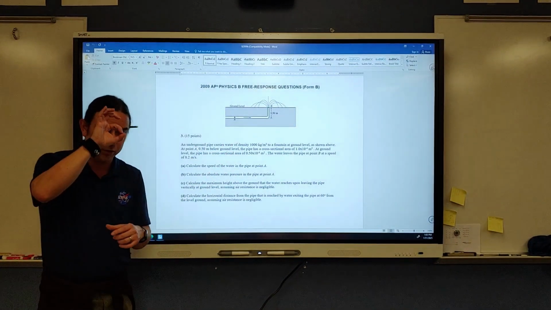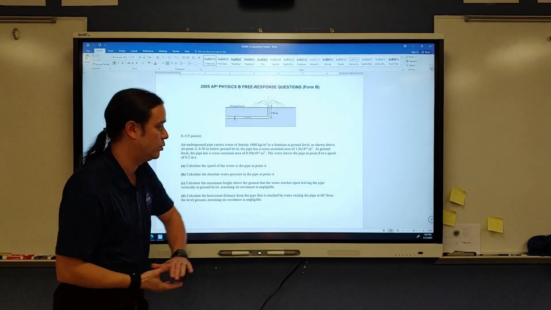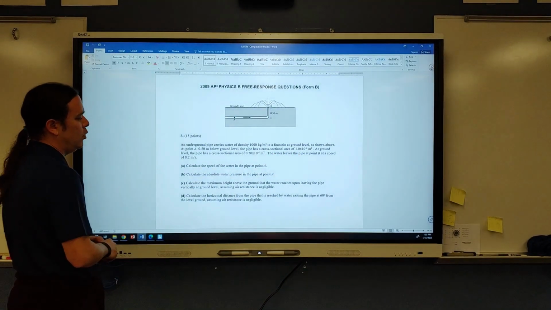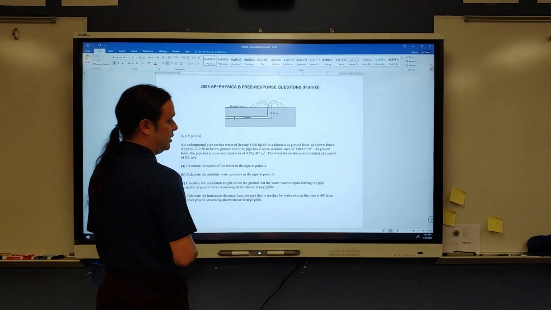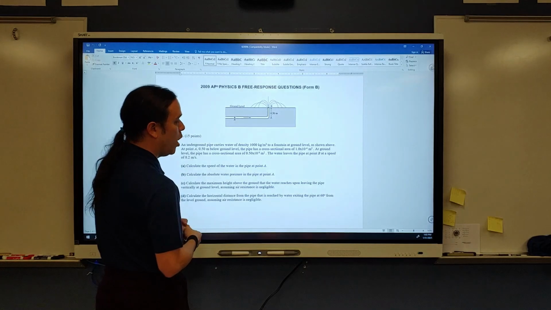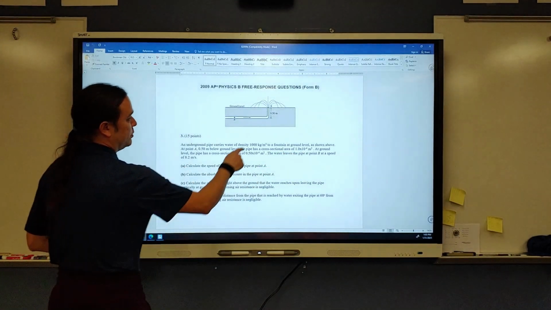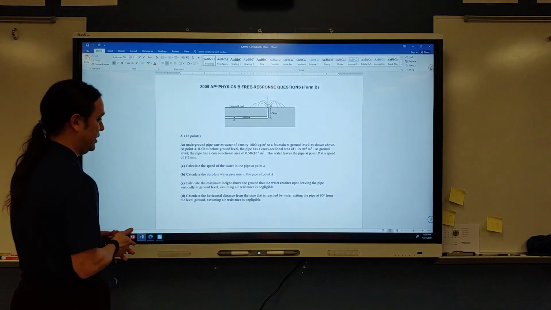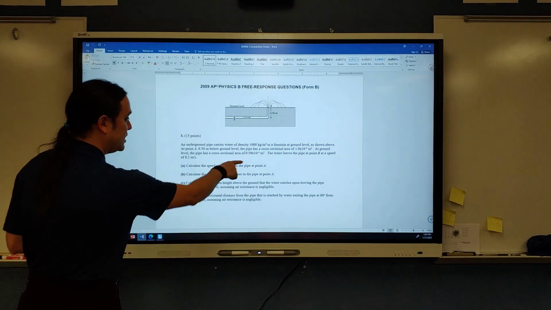So if you're dealing with a regular pipe, you're going to be dealing with a very small number, which is what we see here. At ground level, the pipe has a cross-sectional area of 0.5 times 10 to the -4th meters squared. The water leaves the pipe at point B at a speed of 8.2 meters per second. So we got 8.2 meters per second right there. Calculate the speed of the water in the pipe at point A.